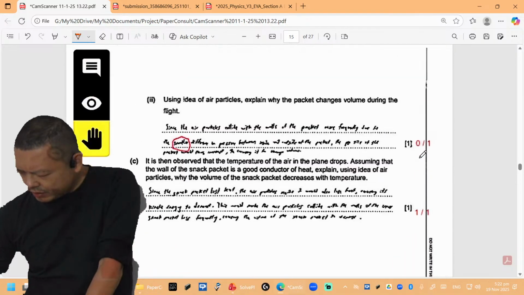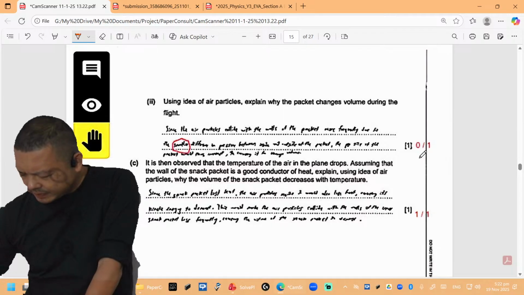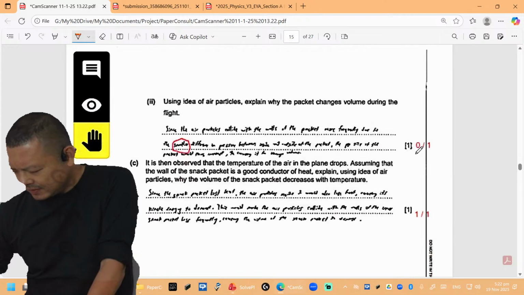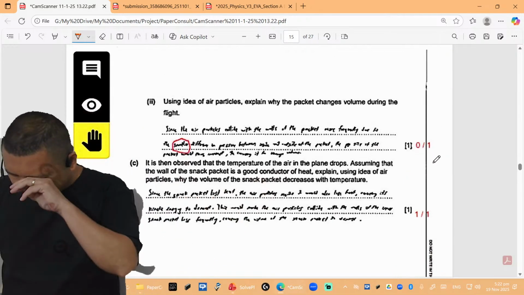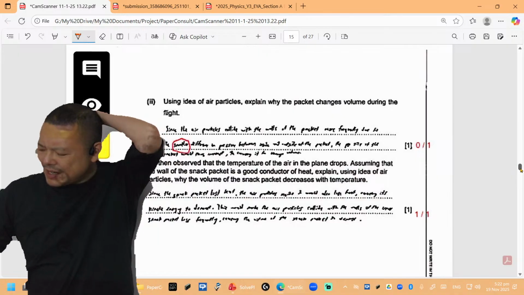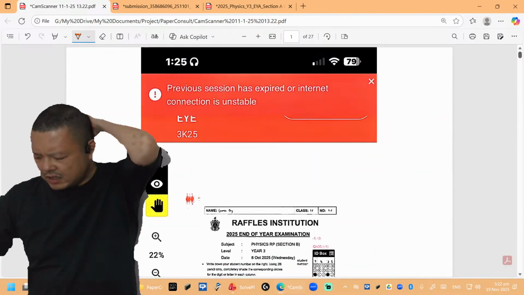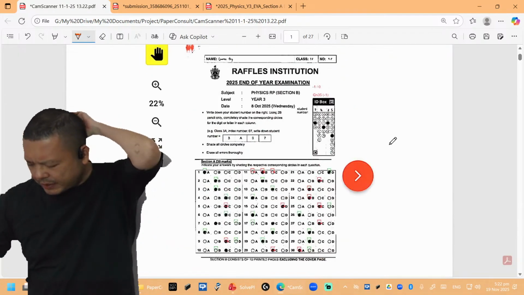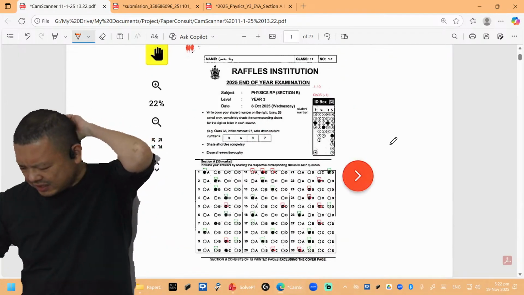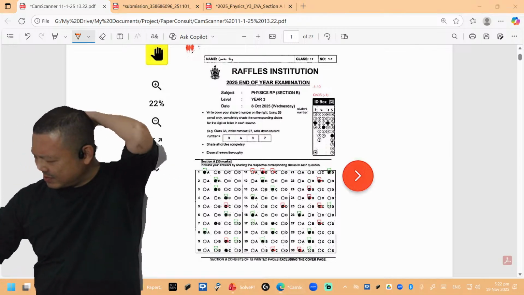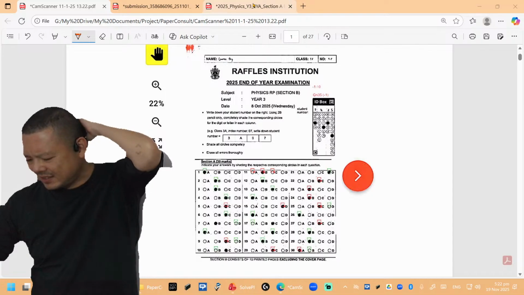I see. Oh, it looks like you're getting marks. Oh, like this one here. But your MCQ is the one that caused you to lose a lot of marks. What was the breakdown of your scores again? 23 out of 30. Are you sure? Yeah, it's damn hard to look at this thing.